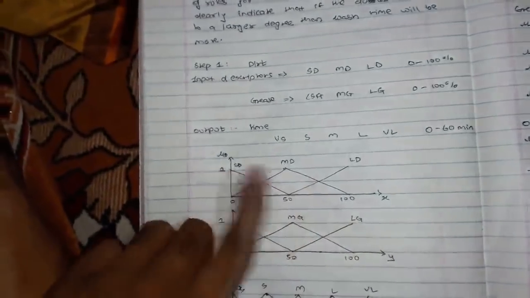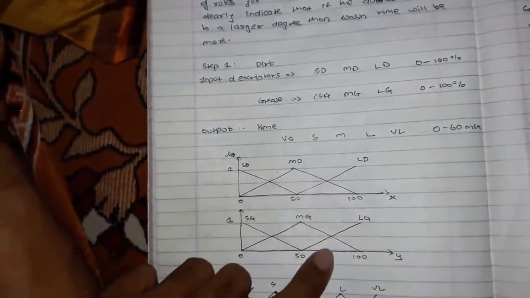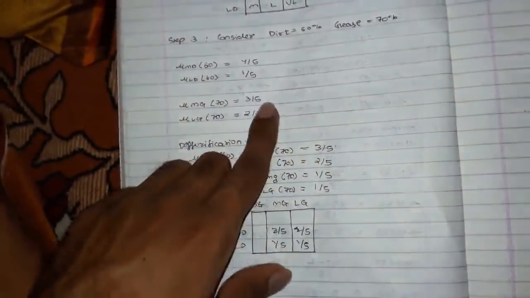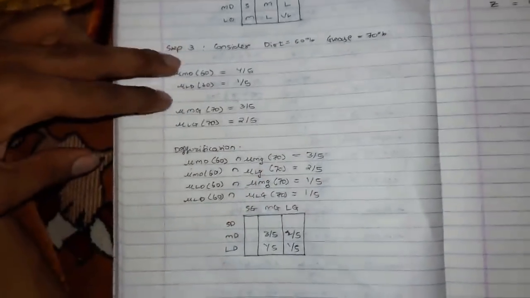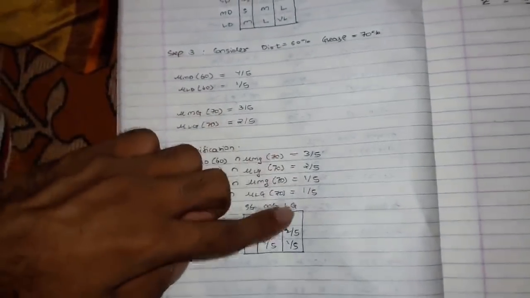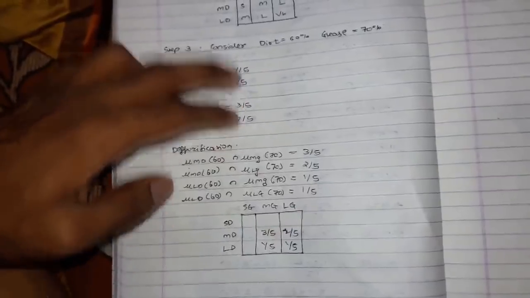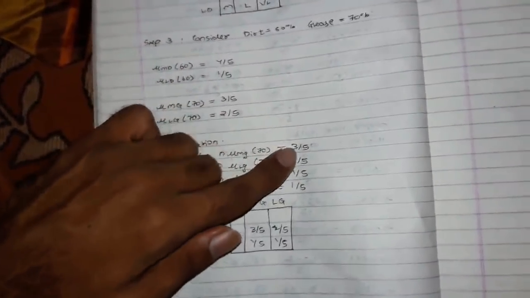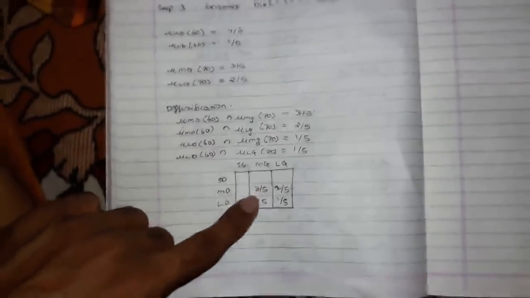So here I got 4 by 5 and 1 by 5. Similarly here I consider 70, and 70 cuts these two values, and correspondingly I got 3 by 5 and 2 by 5. Next you take the intersection, you get these values. Intersection means minimum.